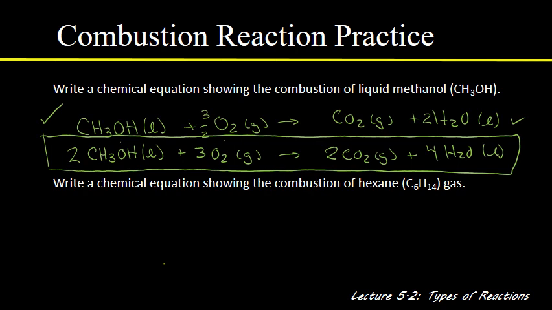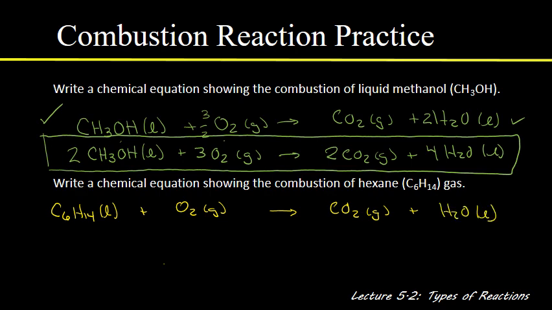All right. So we'll start with our hexane, C6H14. React that with oxygen gas to make CO2 and water. I've got 6 carbons on the left, so I'm going to put a 6 here, so I have 6 carbons on the right. We've got 14 hydrogens on the left. So in order to get 14 hydrogens over here, I need a 7.